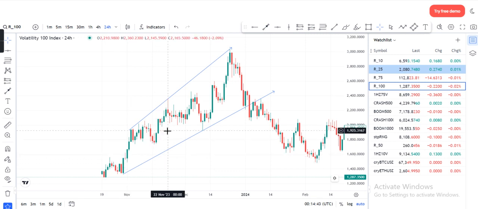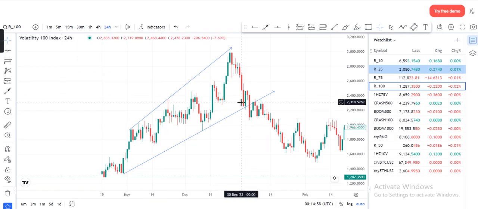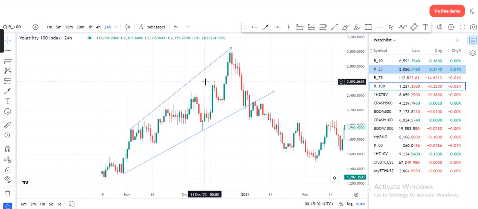So the moment the market gave a break of structure or a break of trend line, which is basically at this particular section, we got a break of structure, which was the break of the previous higher high.